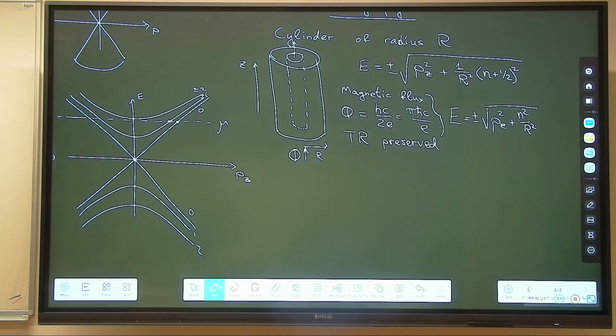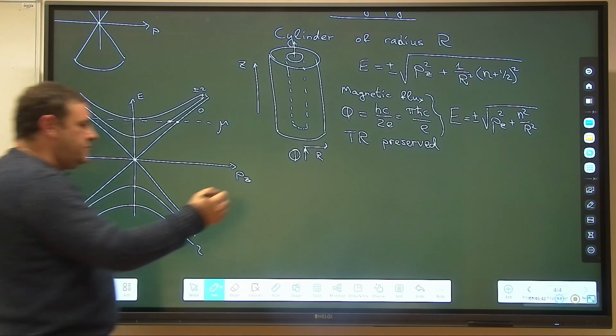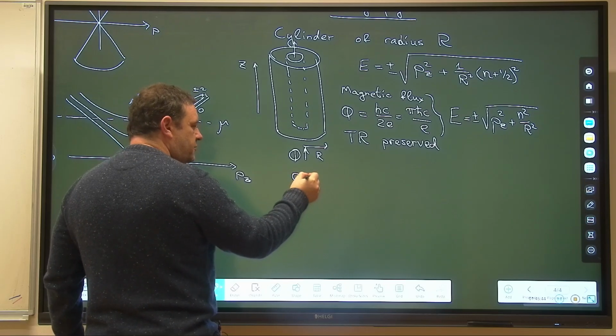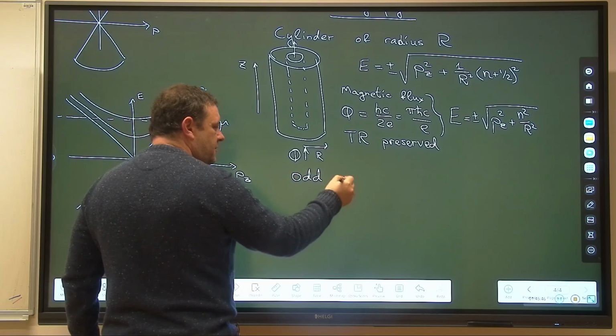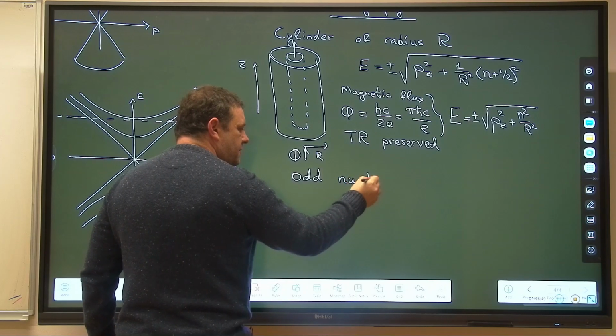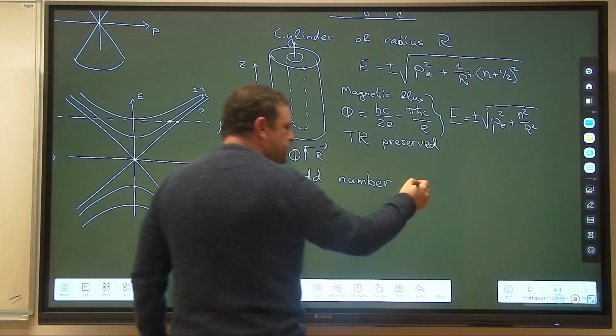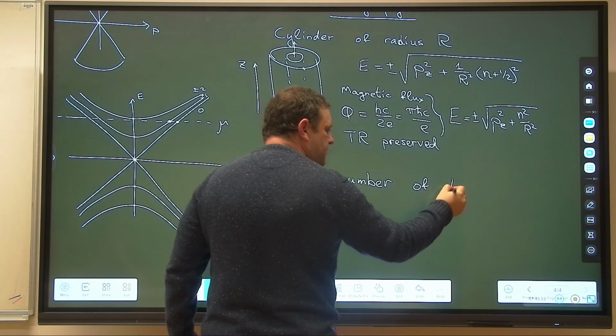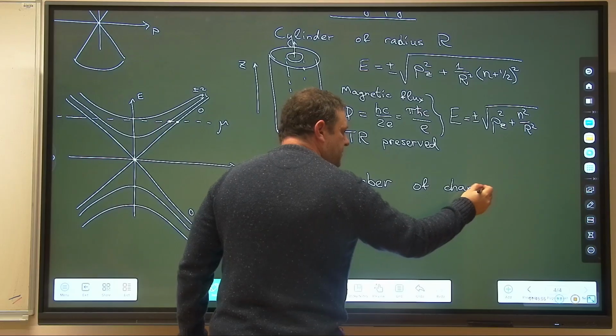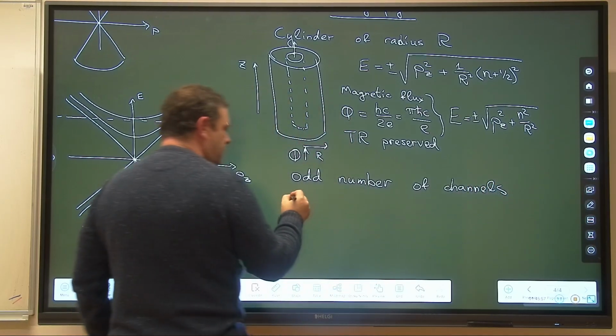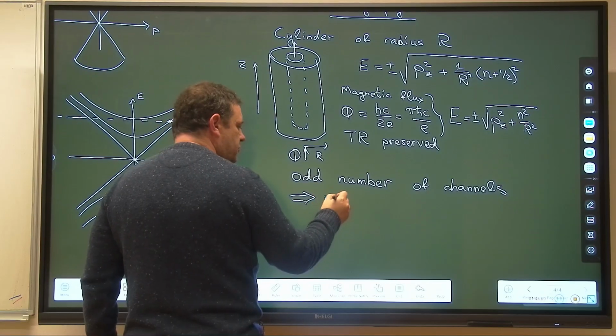And we know that in this one dimension, it cannot be fully localized. So there will be one channel. Since the number is odd, we already know that they will not be fully localized. So it's an odd number of channels, which means no full localization.